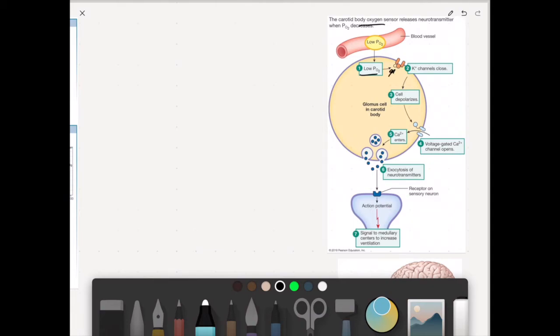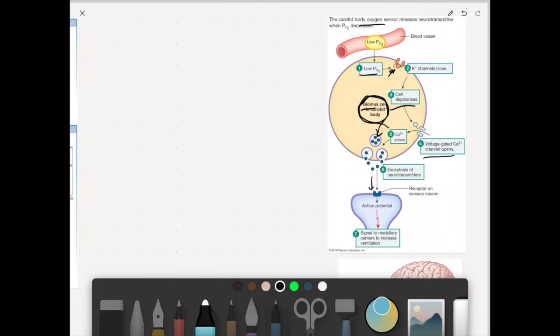We've seen that before. That causes the cell to depolarize. Voltage-gated calcium channels open. This is really a recapitulation of the release of insulin, if you remember that. Calcium causes neurotransmitters to release from these cells that are in the carotid artery called glomus cells.